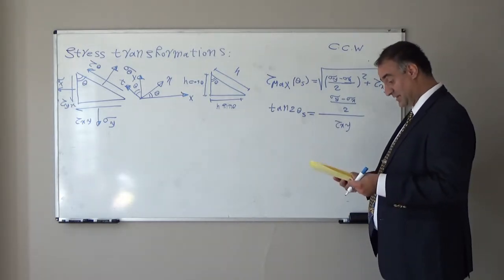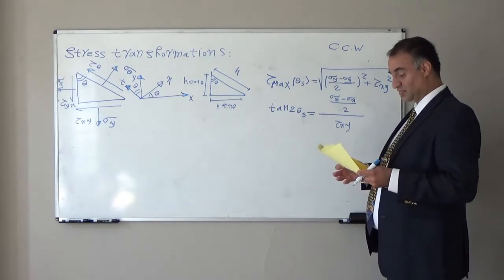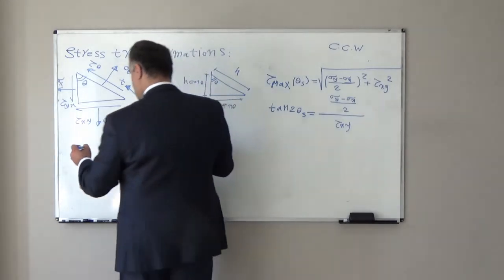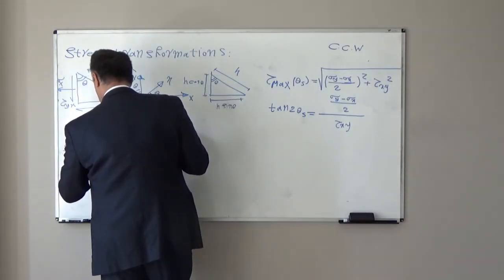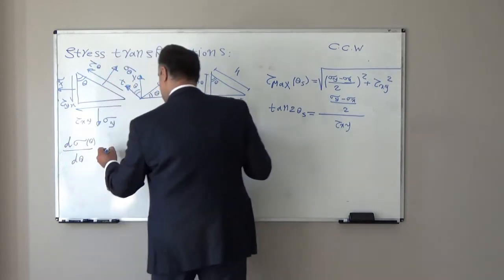Let's look at the normal stress to see what we can do in order to find the maximum normal stress. For maximum normal stress, we should do a similar thing. We should put the derivative of normal stress with respect to theta equal to 0.